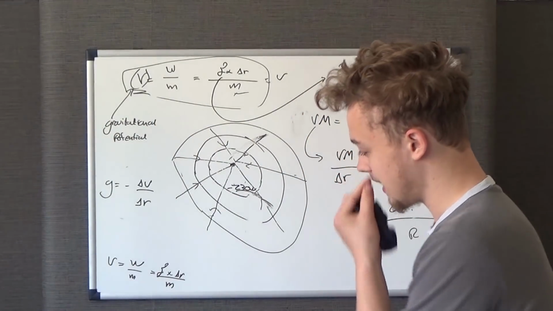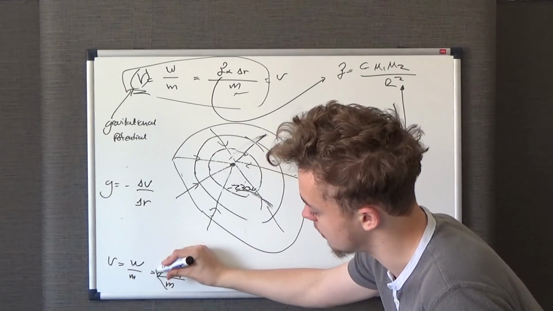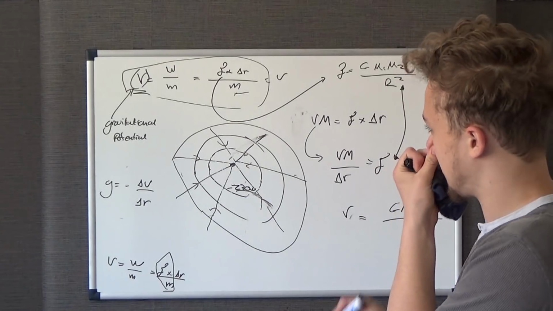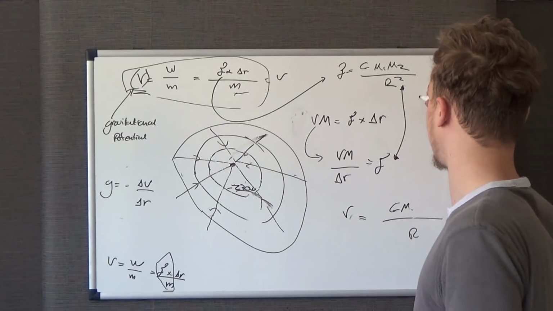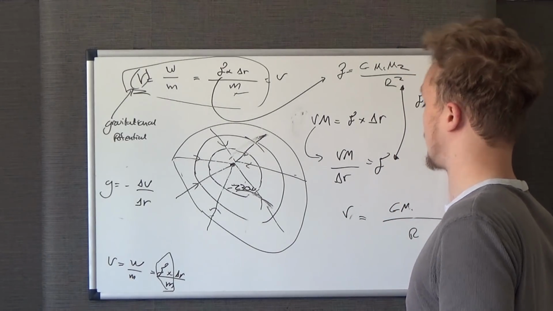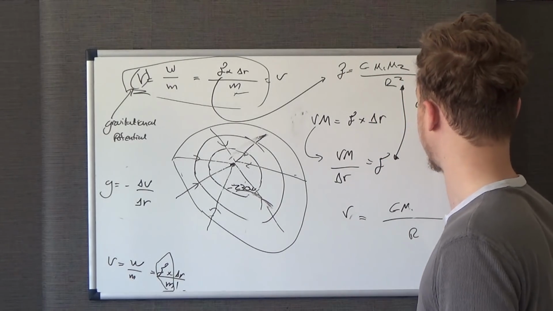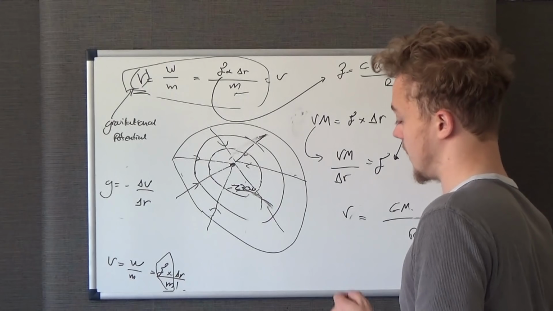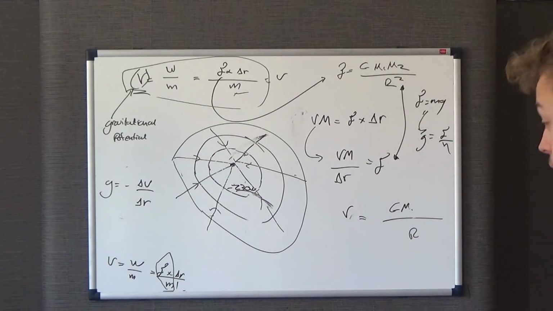Now, this part here is what I'm interested in, the force over the mass, okay? Force over mass is the same as saying, it comes from the equation F equals mg, okay? Force over mass we've got here is equal to the gravitational field strength, okay? So you replace F over m there with the g, okay?